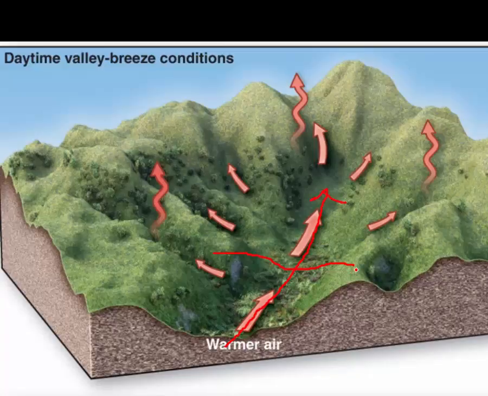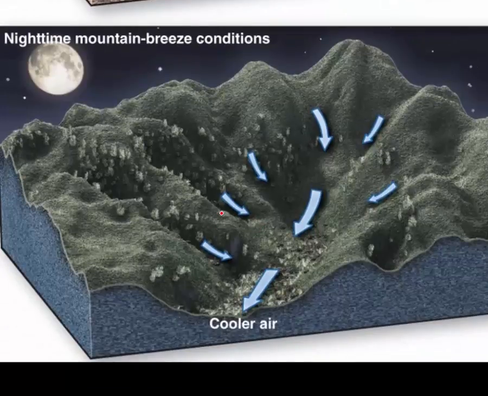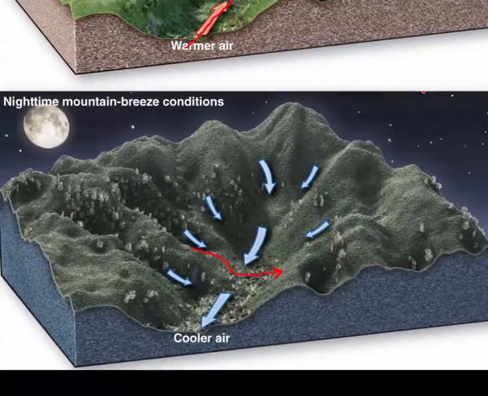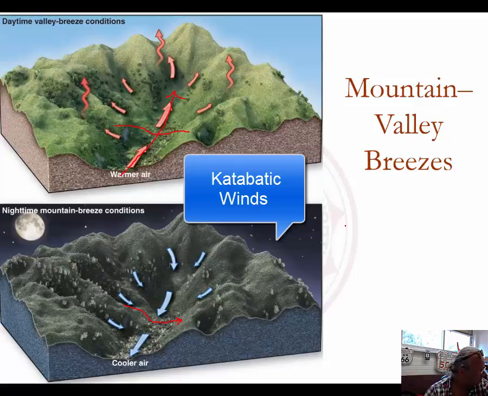And if you were walking along a path, you should be able to feel that air coming up the valleys. At night, or still early in the morning, you can be walking along and feel cold air descending down the hillside. Large-scale versions of these mountain breezes are called katabatic winds.